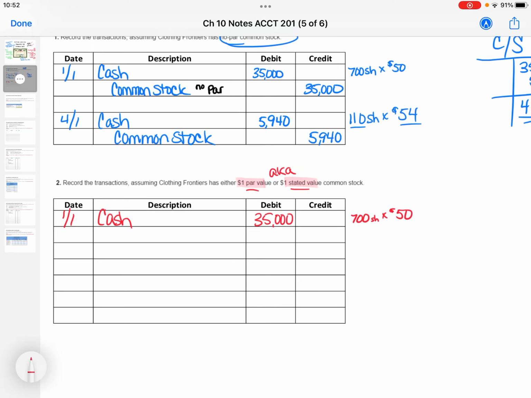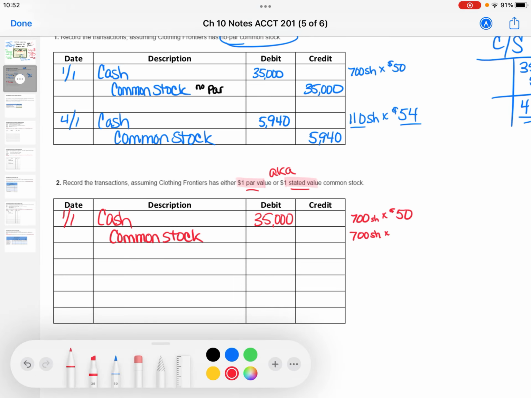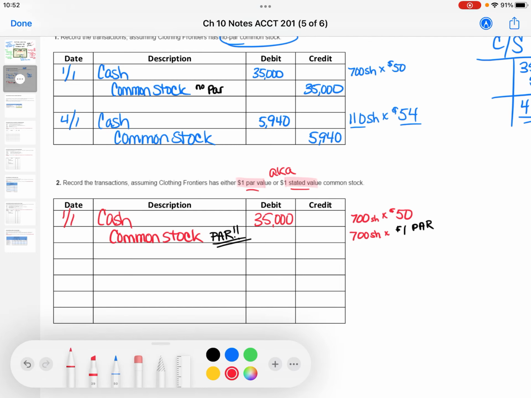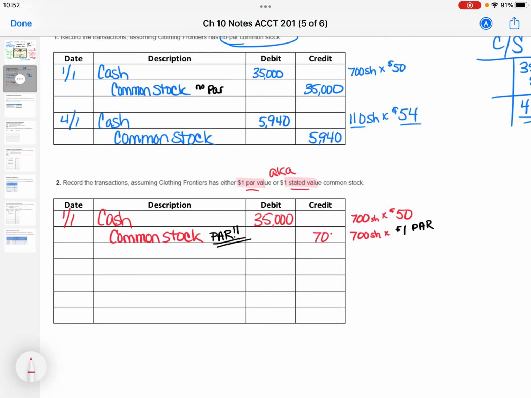However, when I do my credit to common stock, I can only credit this account for the par value. So I am only going to multiply this by par, which is $1, or stated. If the problem says stated, treat it the same. So that's really important. Par is the only amount that can go into this T account now. Now that we have par, that's the amount that will be the credit for this problem.